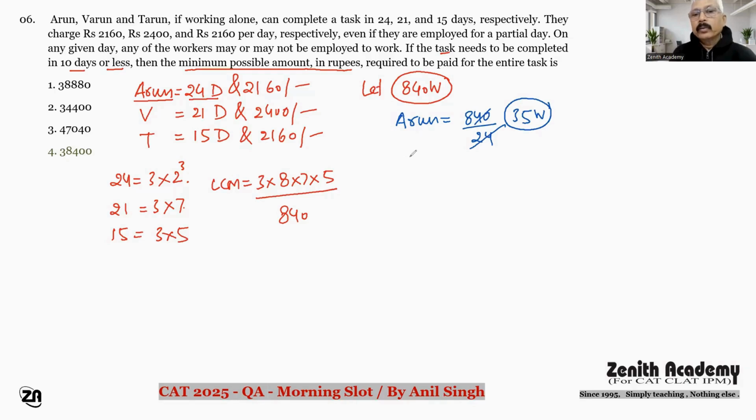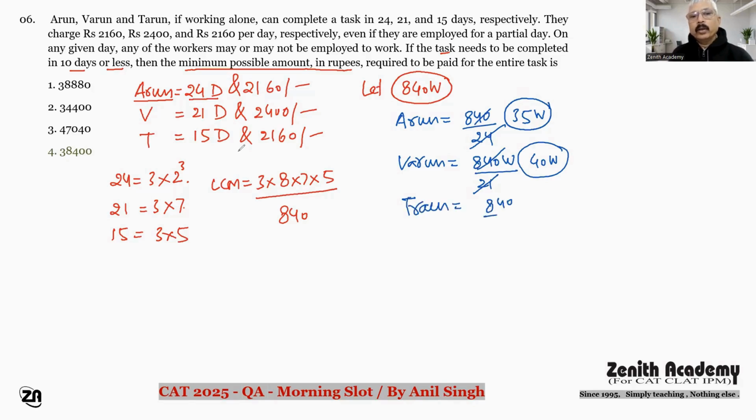And for Varun, 840 work in 21 days. So it means daily he will finish 40 work. And Tarun, 840 work in 15 days.